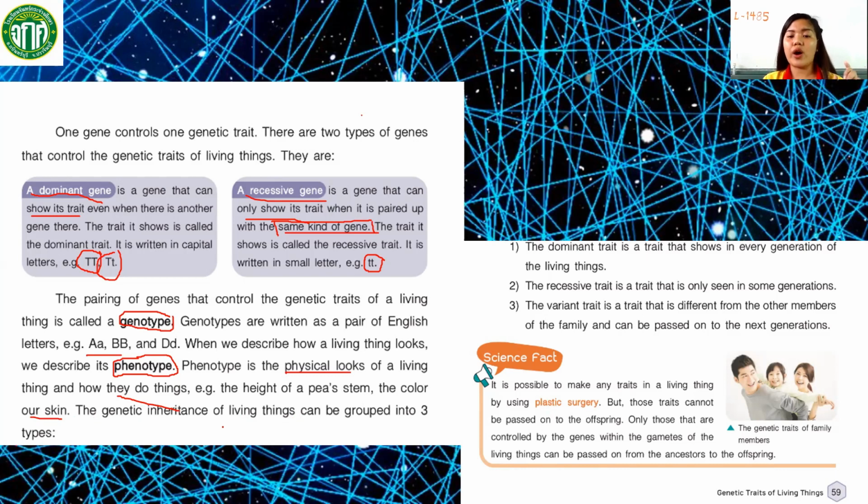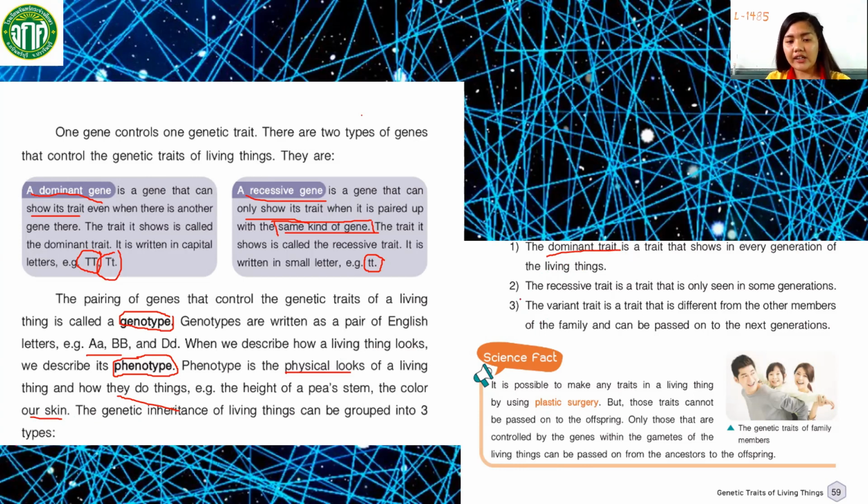All right, so first one is the dominant trait is the trait that shows in every generation of the living thing. Okay, so again, when we say dominant trait, these are the traits that will show in every generation of that living thing.